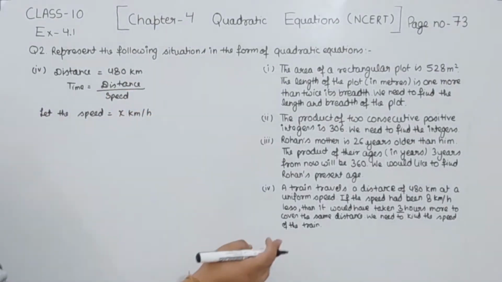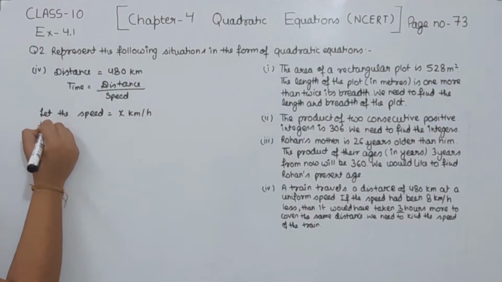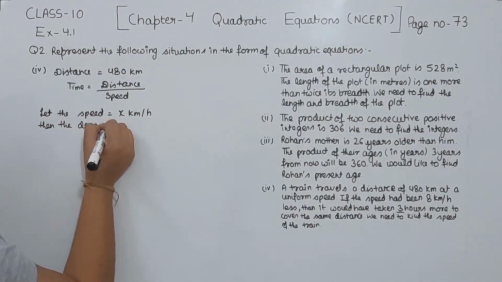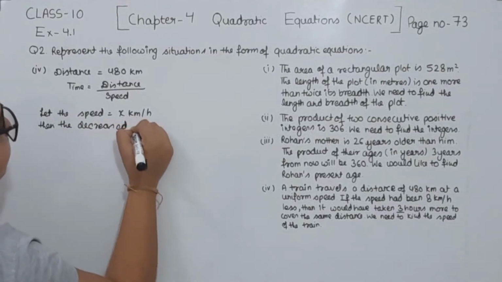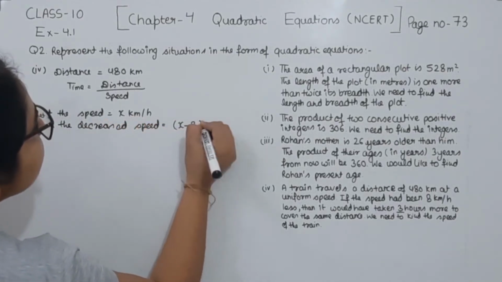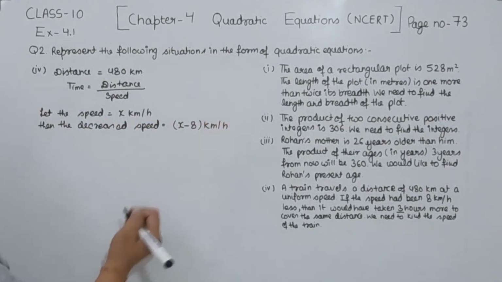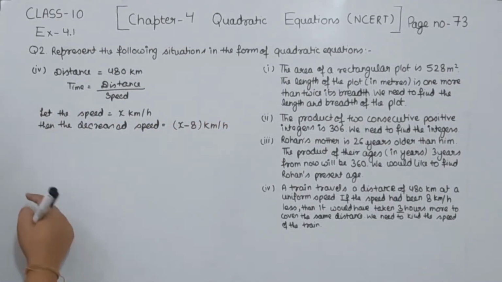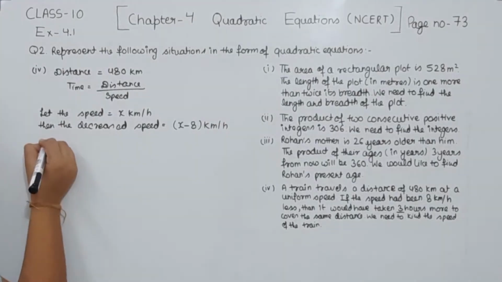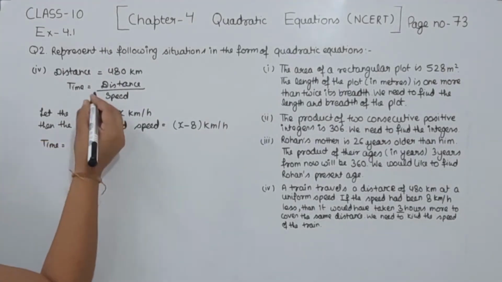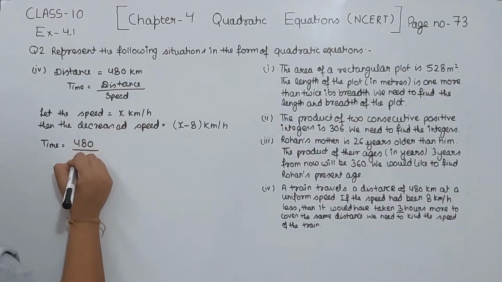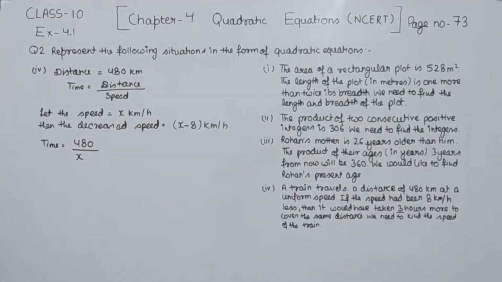Now if the speed decreased, then the decreased speed will be equal to x minus 8 kilometer per hour. Now first of all, we are going to find the time when the speed is x. So the time will be distance, that is 480 kilometer, divided by the speed, which is x kilometer per hour.